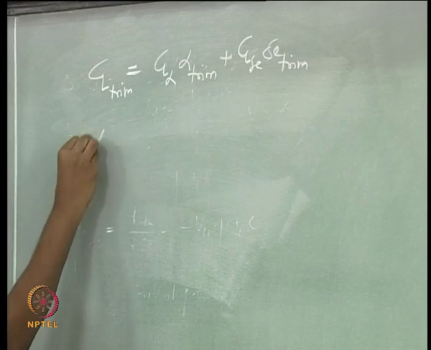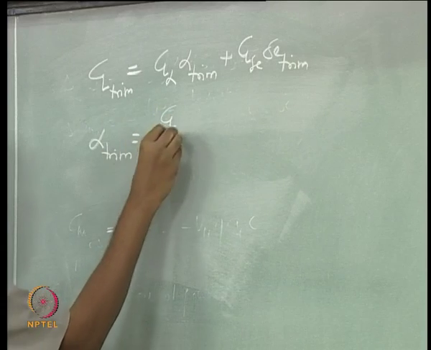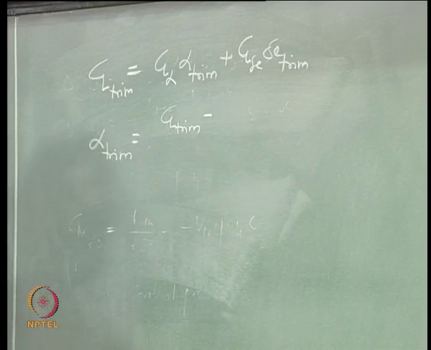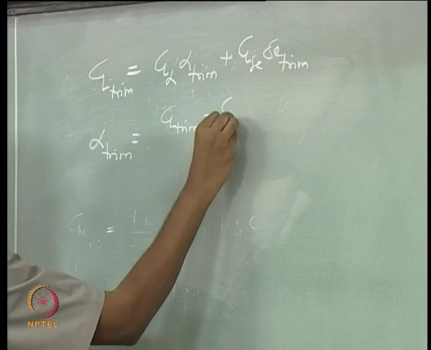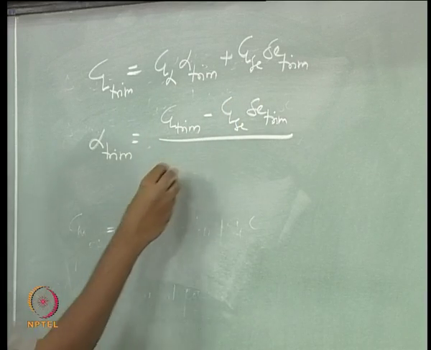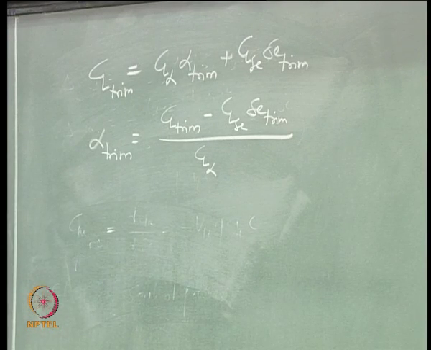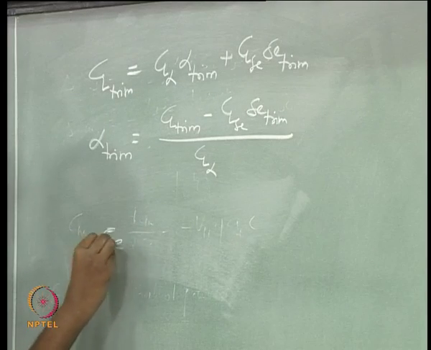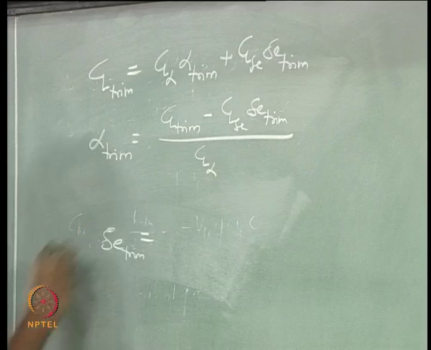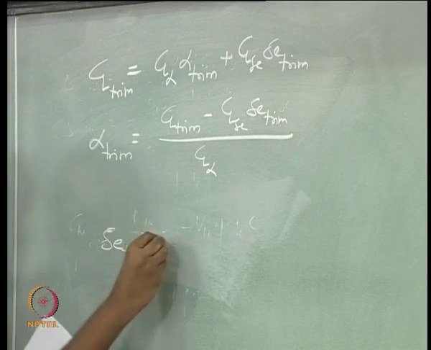So, what is alpha trim? So, now I can write this delta E trim in terms of CL trim. That expression is thus.